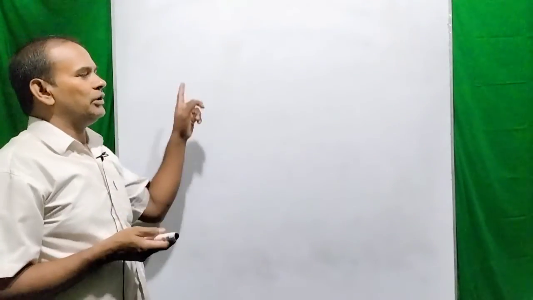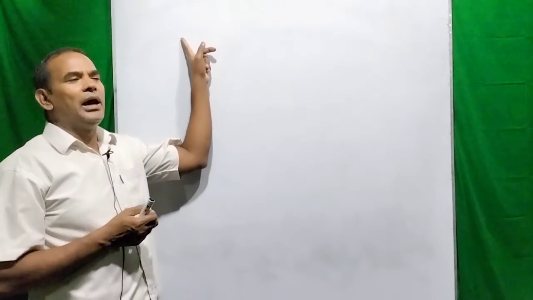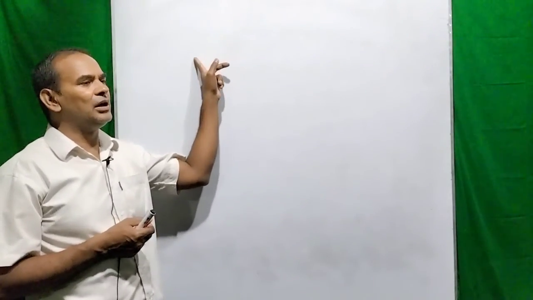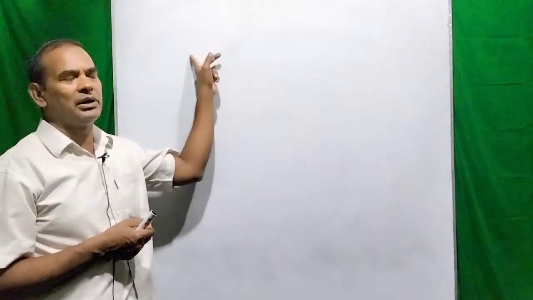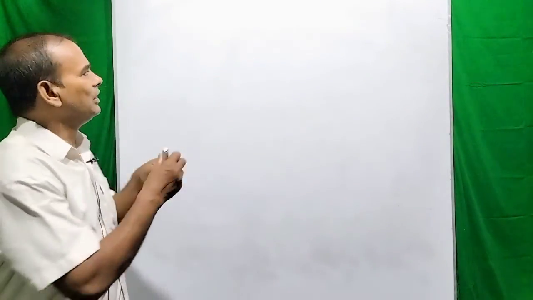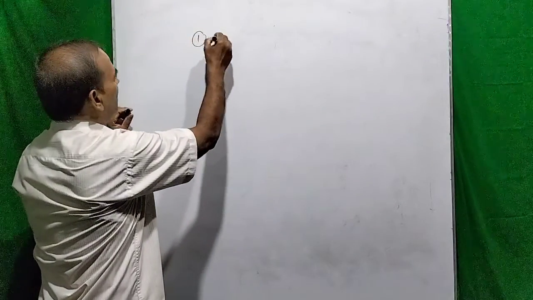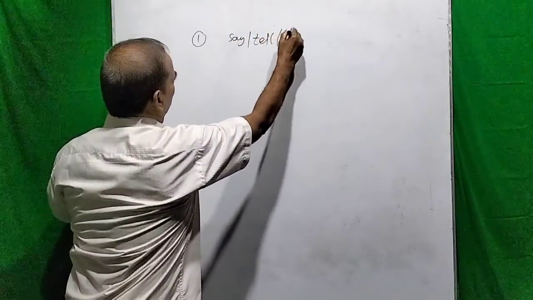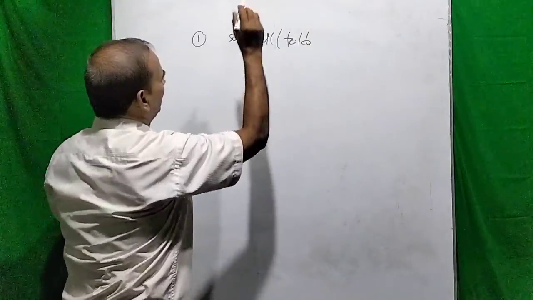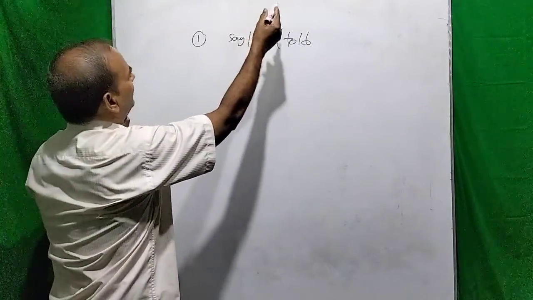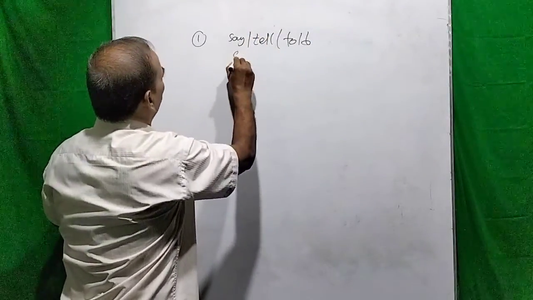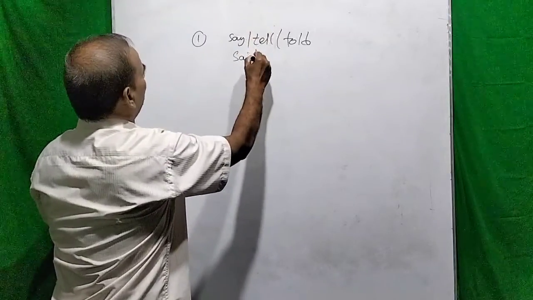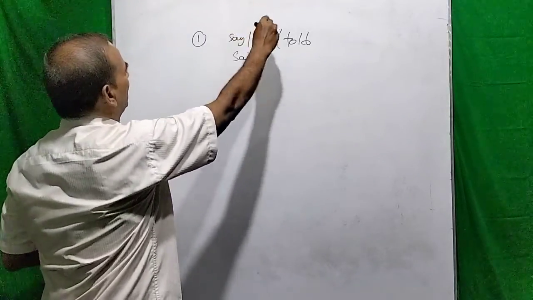In that case, dear viewers, first of all, I have to take the verb. The rule is that the verb must be say, tell, told or said in the indirect speech.